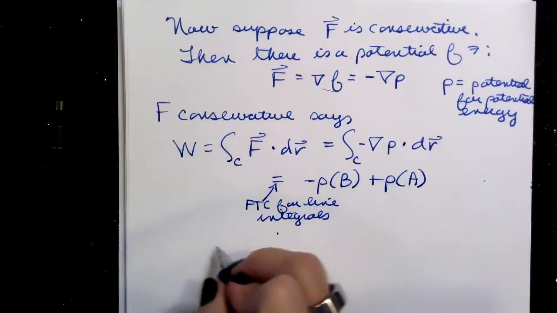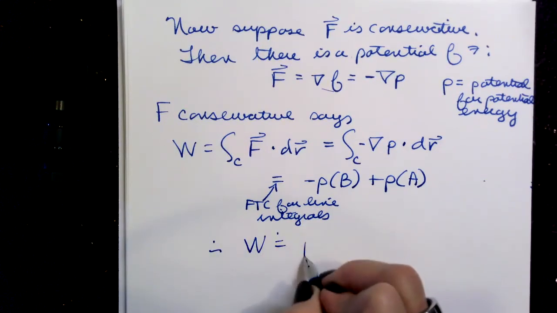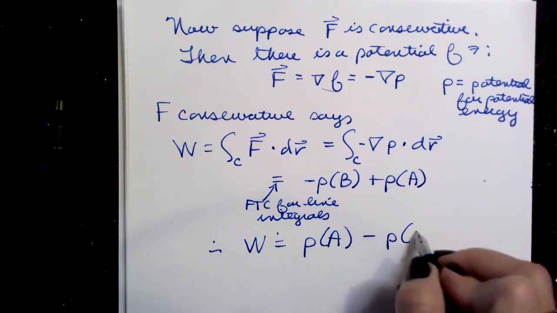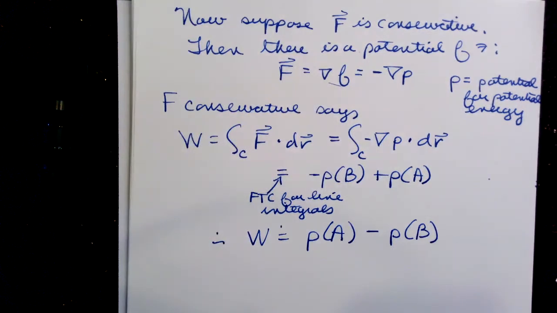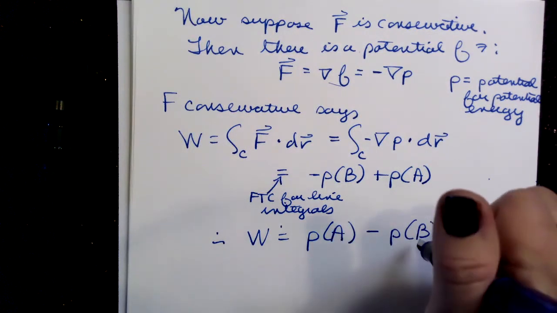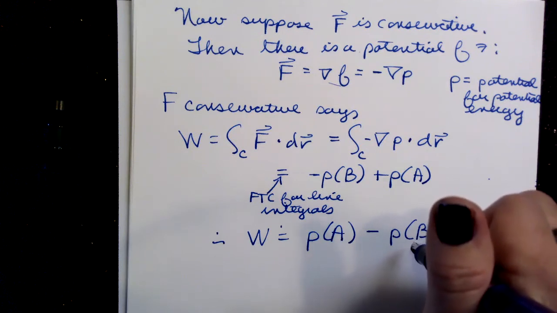In other words, the work is the potential at A minus the potential at B. So that's the potential energy at A, and this is the potential energy at B.